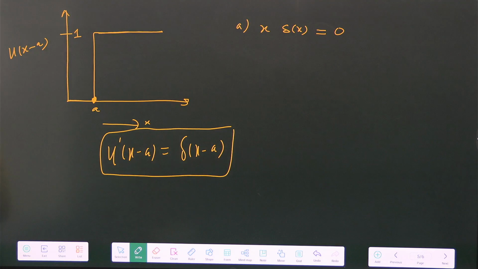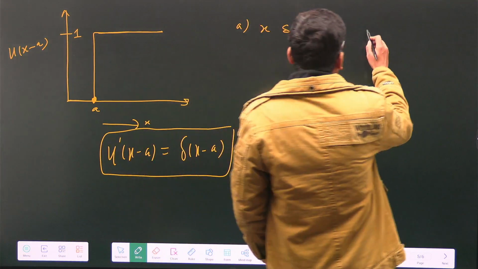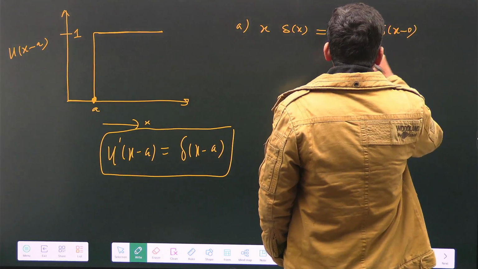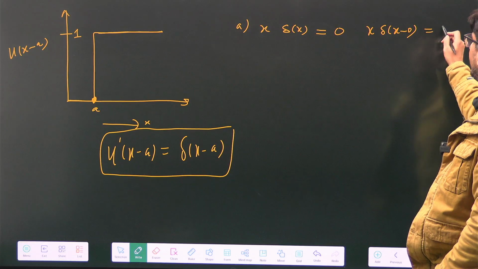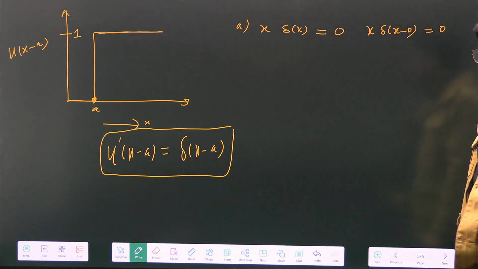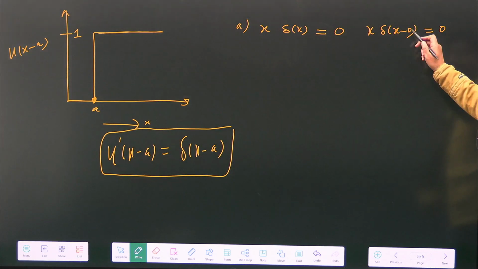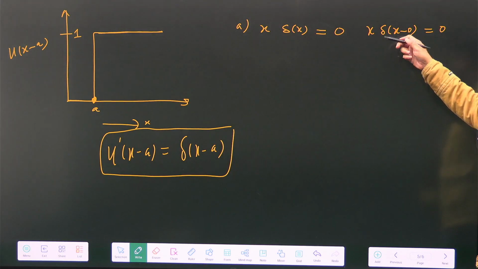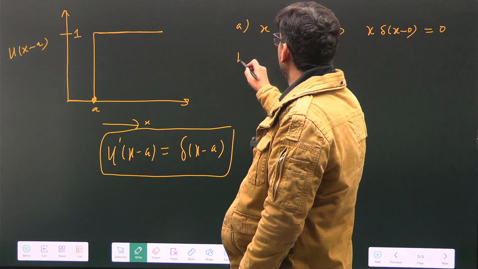Anybody can explain this? Because it is what? x has the only value x is equal to 0. So at that time x will be 0. Because it is x of delta x minus 0. So डेल्टा फंक्शन तो हमेशा ही 0 है, सिर्फ 0 पे 0 नहीं है, और 0 आते ही यहाँ x को 0 से मल्टीप्लाई करना, x इज इक्वल टू 0, तो इसलिए ये 0 हो जाएगा. ठीक है.